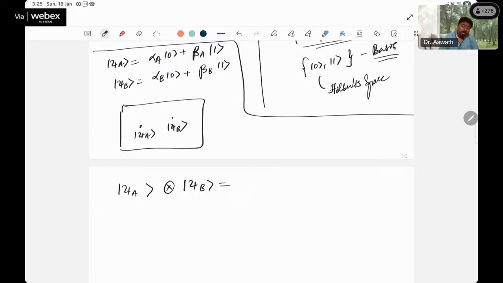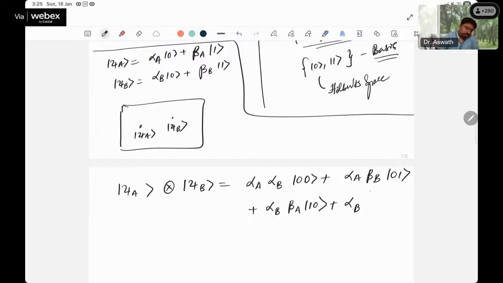Here, what I get is alpha A alpha B 0 0 plus alpha A beta B 0 1 plus beta A alpha B 1 0, and beta A beta B 1 1.